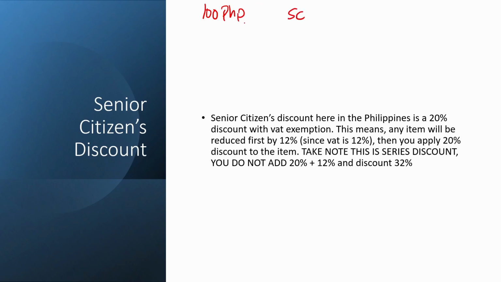For senior citizens, you have to less VAT first. So 100 times 1 minus VAT is 0.12. So that's 88 pesos.